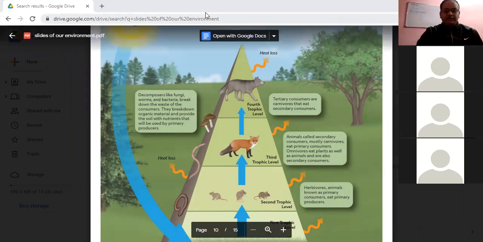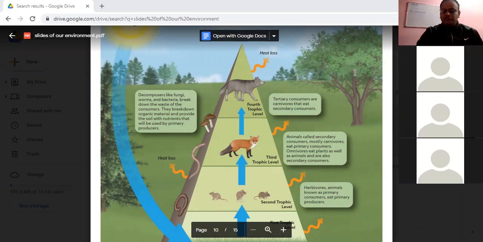Okay, Shambhavi, I'm again enabling you to speak up. One basic difference between food chain and food web. Food web is the interconnection of food chains. You said correctly, Shambhavi.